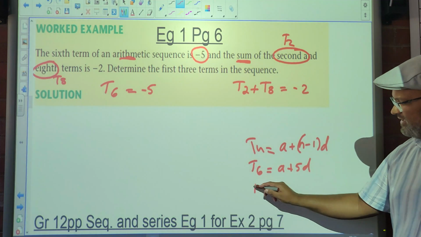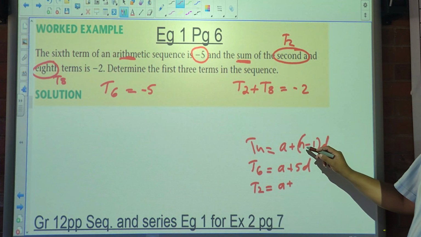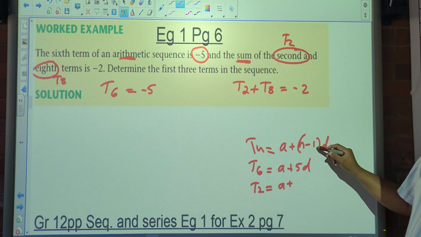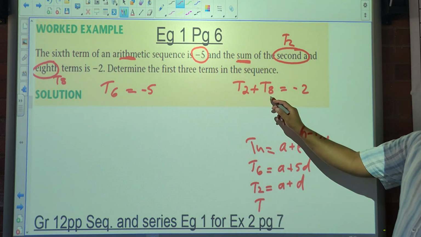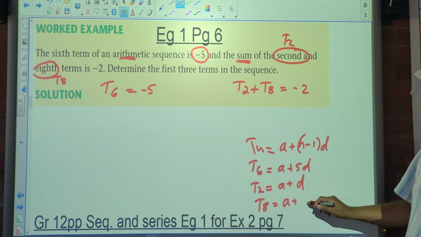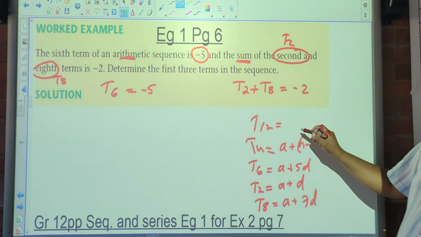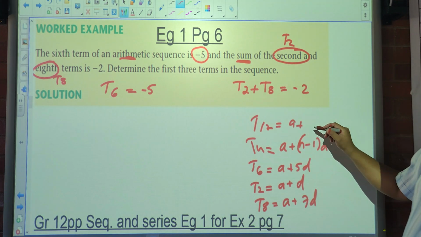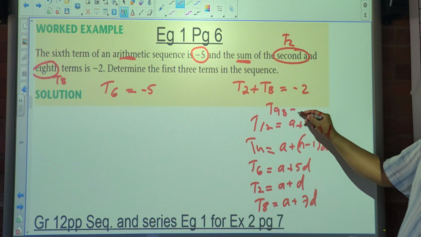What is T2 then? A plus 2 minus 1 is 1d. Not so? What is T8? A plus 7d. What is T12? A plus 11d. What is T98?